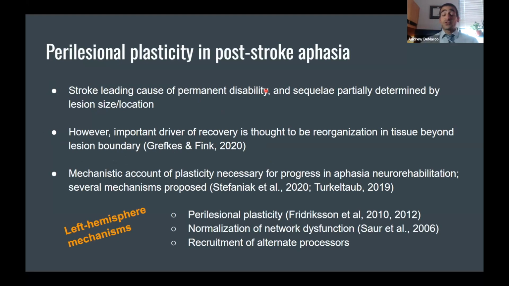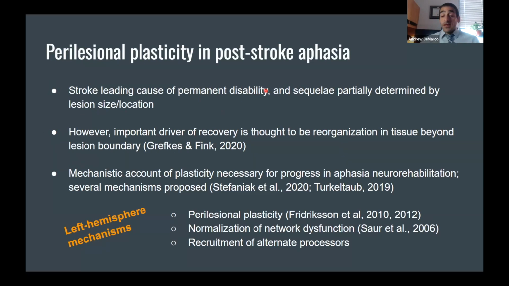So to start off, perilesional plasticity in post-stroke aphasia. This is a very special group here because so much of what I'm going to talk about is old school and familiar to everybody. So I'll skip some of the basic things, but we know that most of the behavioral deficits that follow stroke are driven by the lesion size and the location.